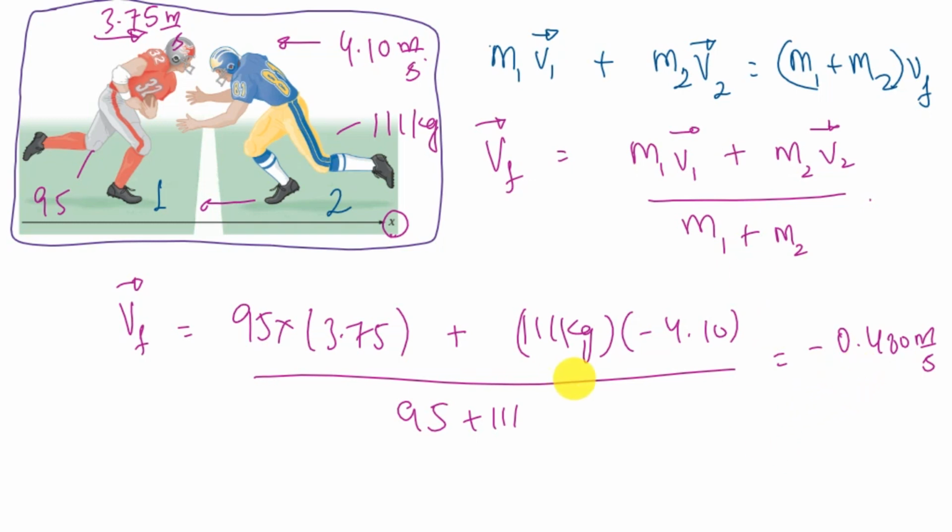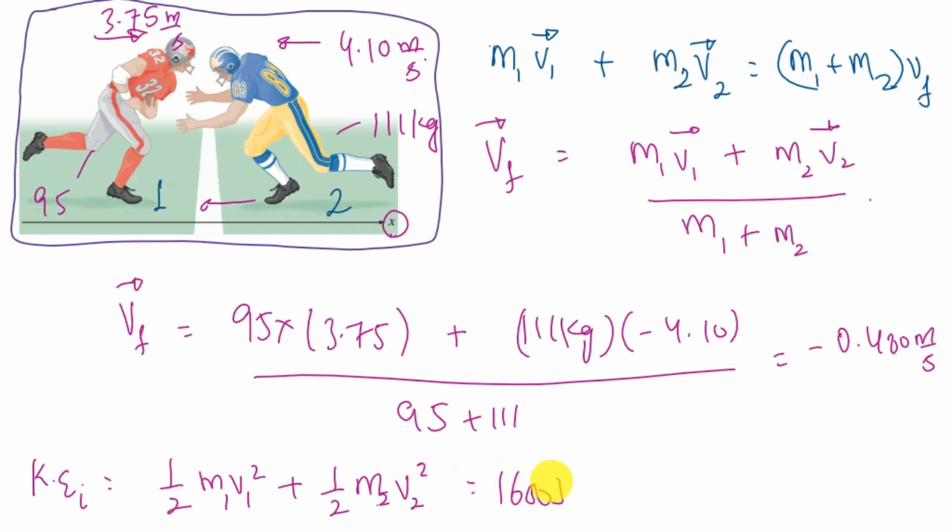Now the initial and the final kinetic energy, it's pretty simple. Initial kinetic energy will be half m1 v1 square plus half m2 v2 square, and after putting the values you'll get this kinetic energy to be 1600 joules.